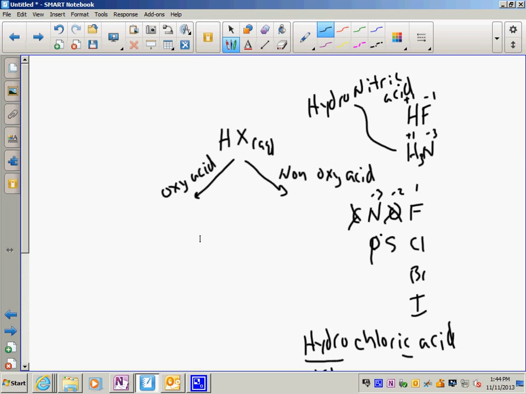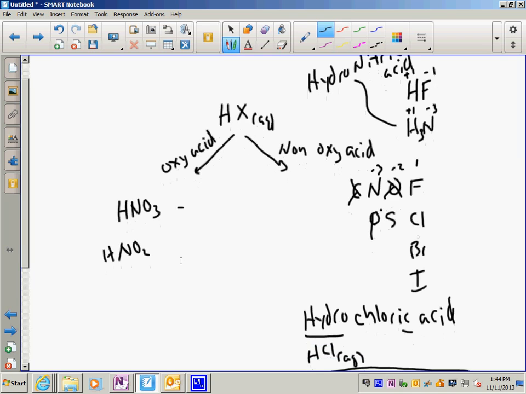Now, the oxy acid would follow a similar method. We have H, let's just say NO3, and HNO2. Okay, so there's two different acids here, and I know them both to be oxy acids because they both contain oxygen.